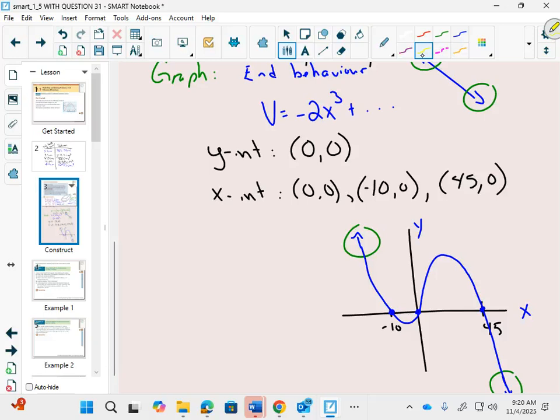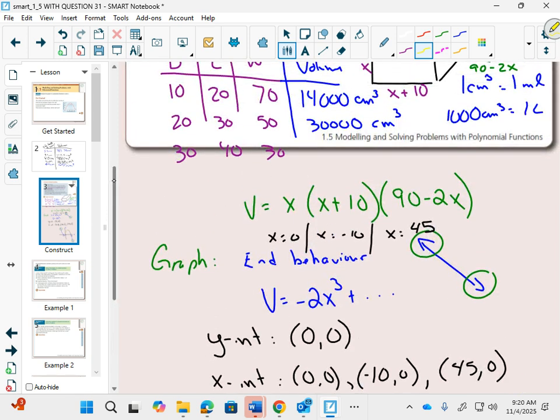First of all, we do math with just numbers and get really good at it, and it's out of context. When it's out of context, the math is actually easier because you can do a whole bunch of stuff. When it gets in context, now we have to think about what makes sense and what doesn't make sense. And in this situation, this part that I've highlighted here in yellow is the only thing that makes sense. In fact, 45 doesn't make sense, because what would happen if I did 45?